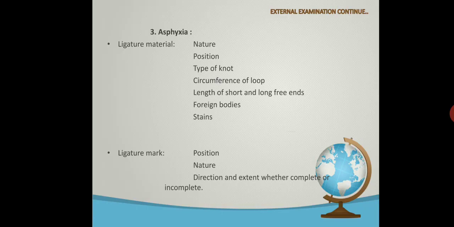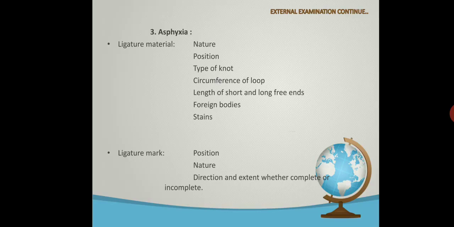In case of asphyxia due to hanging or strangulation, what things should you keep in mind about the material? The nature of the material, position, type of knot, circumference of the loop, length of the short and long free end, and whether any foreign body or stain is present. This is about the ligature material only. But due to the ligature material, which kind of ligature marks happen on the neck?